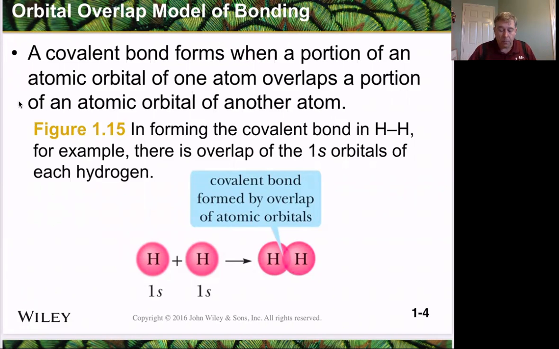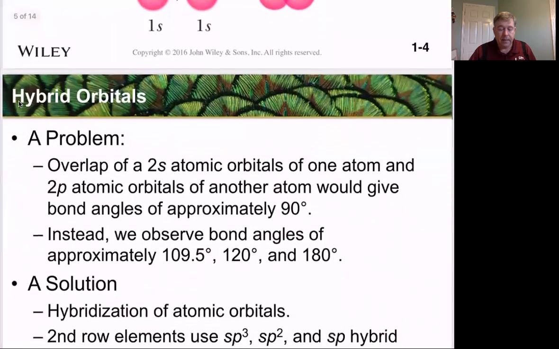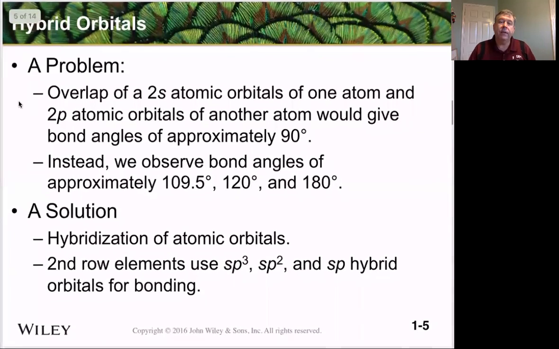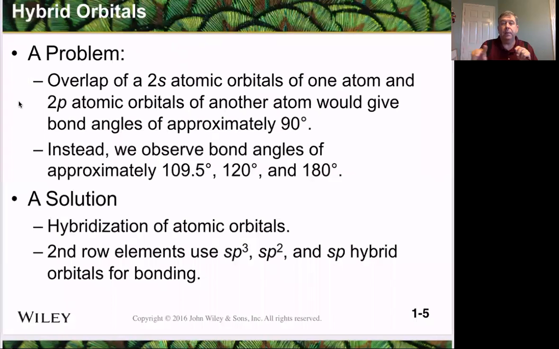Okay, so what happens is, instead of having an s bond and then the 3 p bonds in different angles, we hybridize the orbitals of s and p together. When we do that, that gives us different shapes.